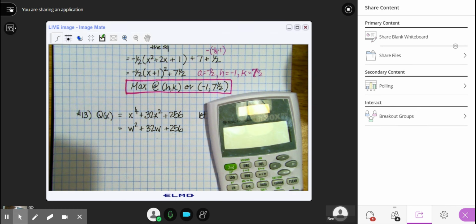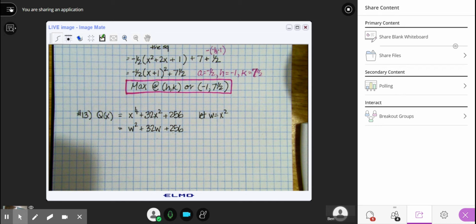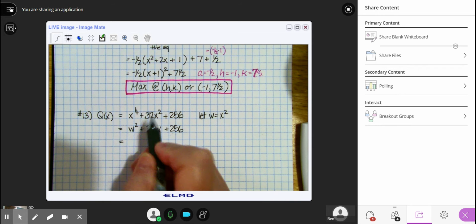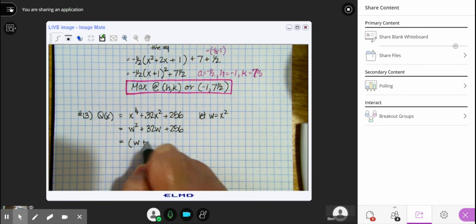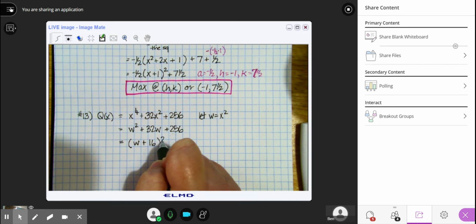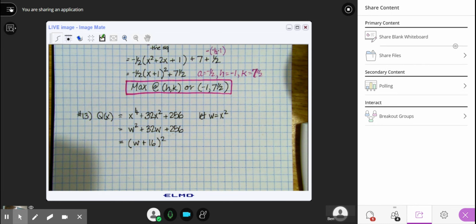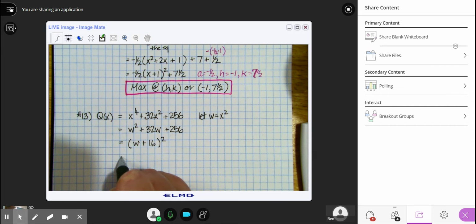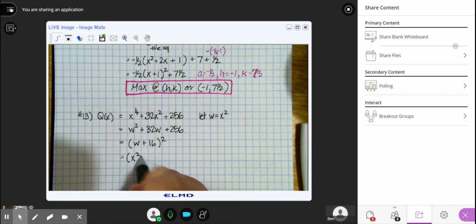What's half of 32? Yep. So that means that this is x squared plus 16, squared.